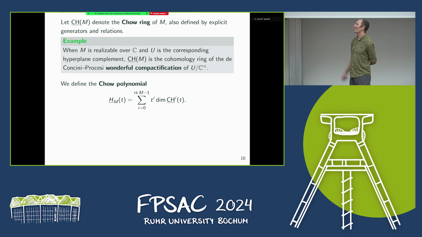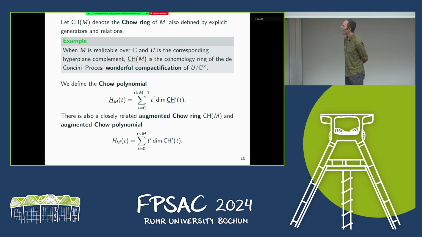So sorry, that's the Chow polynomial. It's the Poincare polynomial of the ring. That's right, although they're the same up to a factor of 2, so it doesn't really matter. And there's a closely related ring called the augmented Chow ring, and the augmented Chow polynomial comes from that. Again, if you know it, great. If not, then don't worry about it. It's just another example in the list.